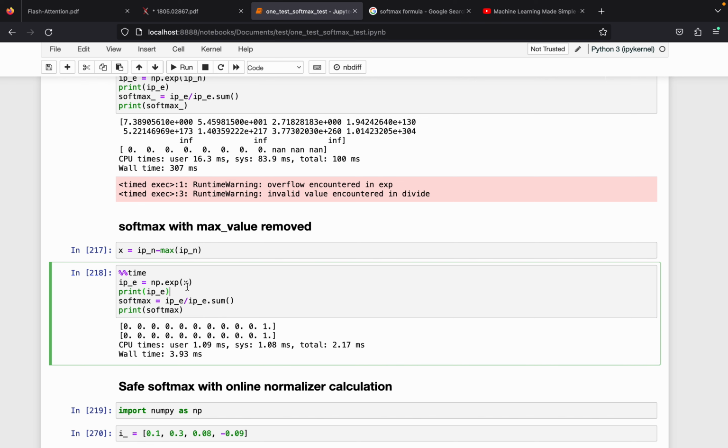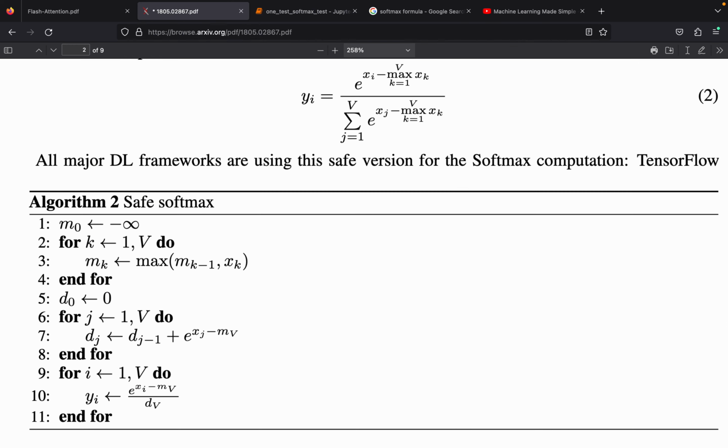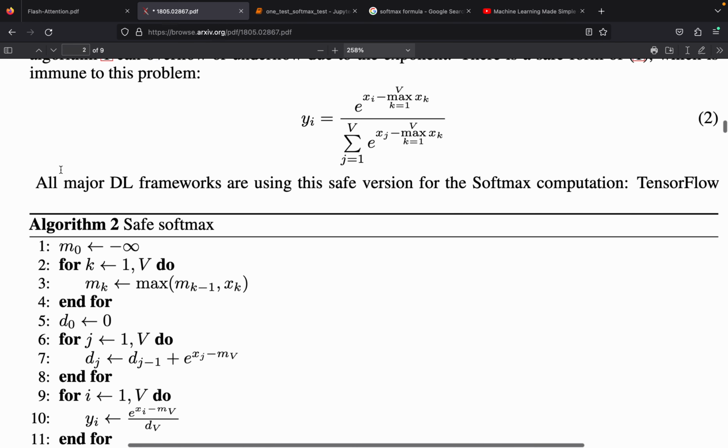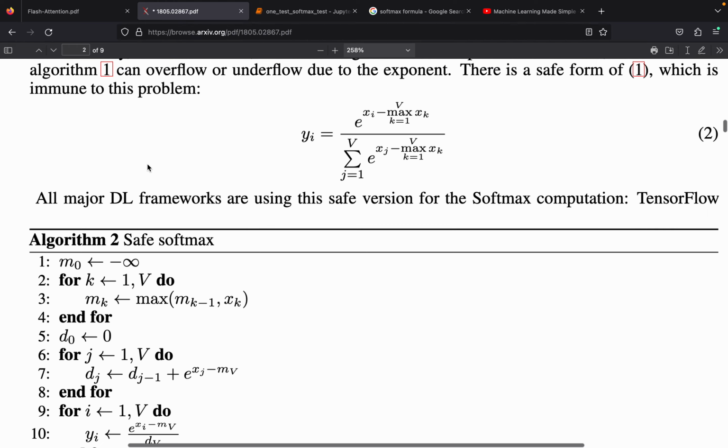So let's have a look at how safe softmax is implemented on a high level. Let's have a look at the algorithm of how safe softmax is implemented. So this is the low level implementation of safe softmax. We all know the safe softmax formula, right?